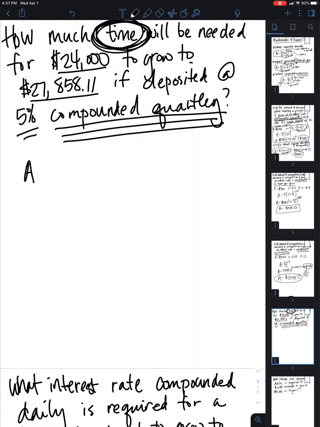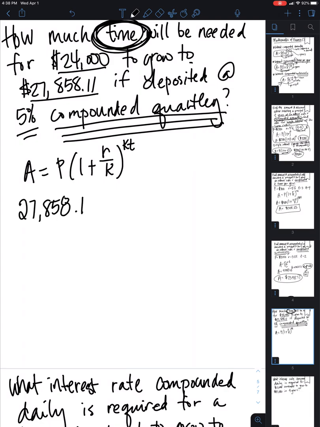Okay, so I'm going to write out the equation and fill in all the information. I want to get in the end 27,858. You have to be real careful with these last two problems I'm going to do, because you're going to have to wait till the very end to do some of the math in the calculator, because you can't round.